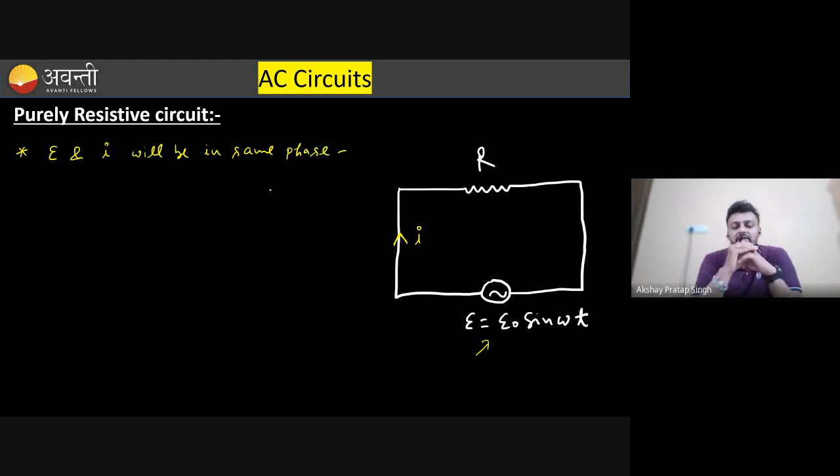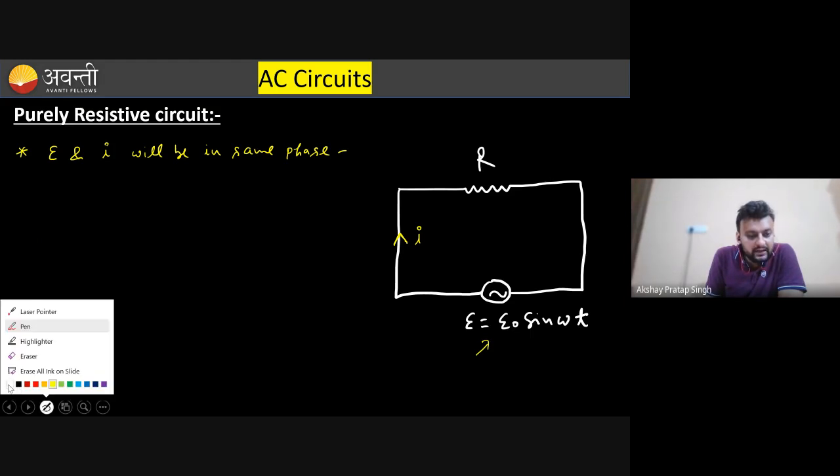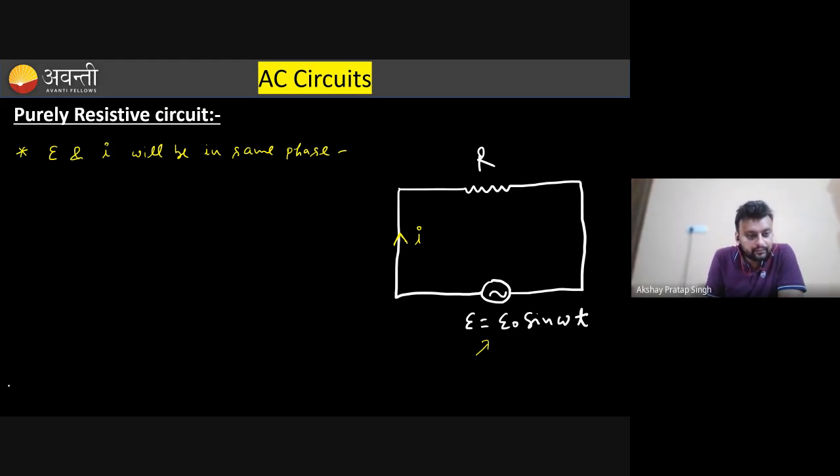Being in the same phase means current and EMF both will reach their maximum value at the same time. Can you decode the meaning of same phase? Both reach the maximum value at the same time. Clear? Now, if they are in the same phase, how can it be written in terms of equations?